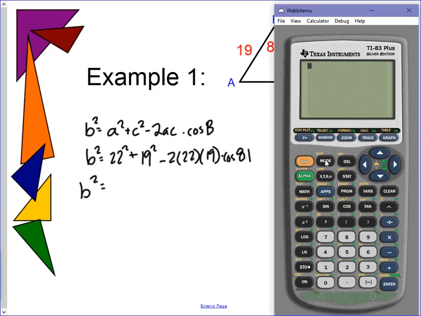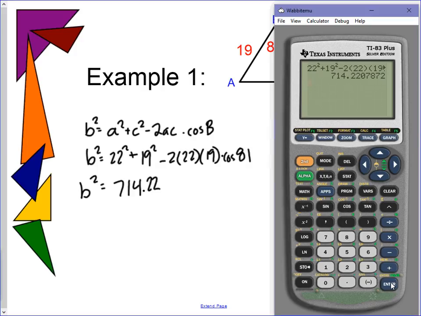And I'm just going to type in that whole right side: 22 squared plus 19 squared minus 2 times 22 times 19 times the cosine of 81. I got 714.22.